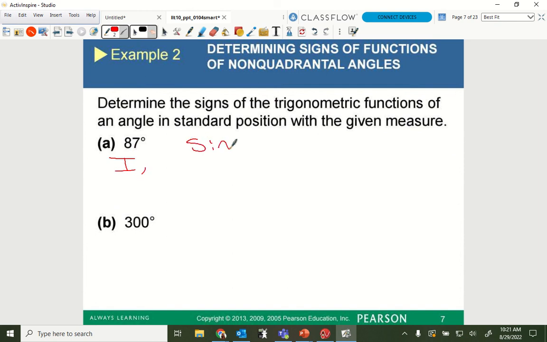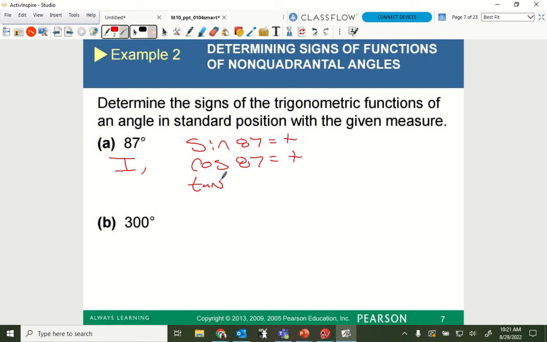Sine. What's sine going to be? Y. Positive or negative? Positive. That's all it's asking for. Cosine. What's cosine? X over r. And cosine in quadrant 1 is going to be positive. Very good.